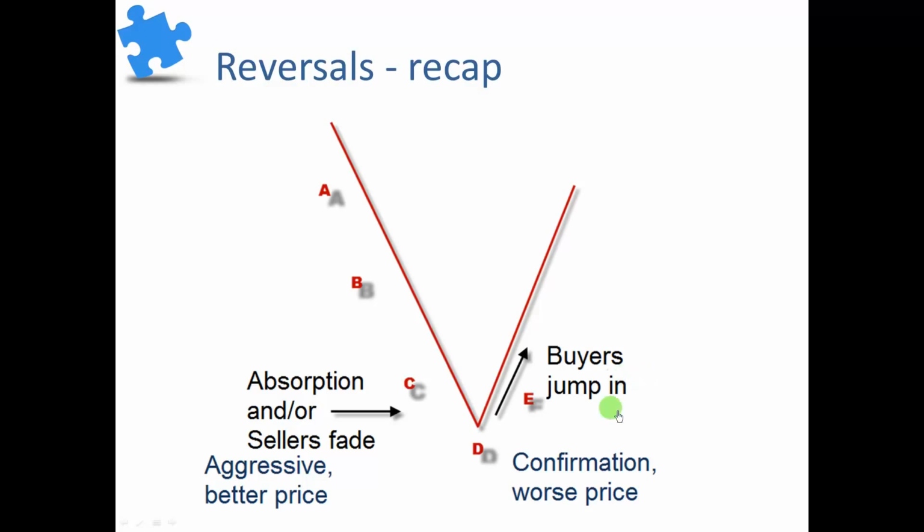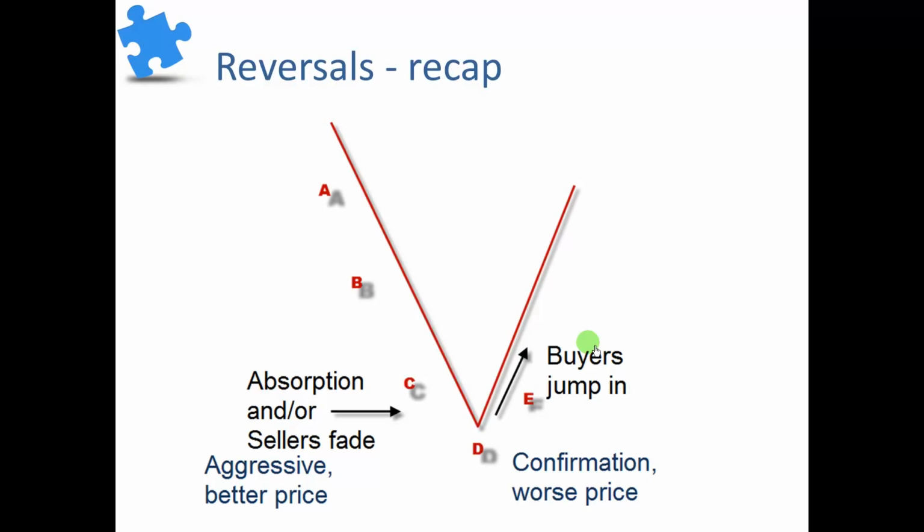Now, of course, when buyers jump in, price should move up. If not, you do not have your confirmation. What you have, if buyers jump in and price doesn't tick up, is you've got buyers fading a move and getting trapped. Now, it also helps to see these buyers jumping in are larger traders. So if you get 5 200 lot buy market orders, you should give that more weight than 1,001 lot traders.